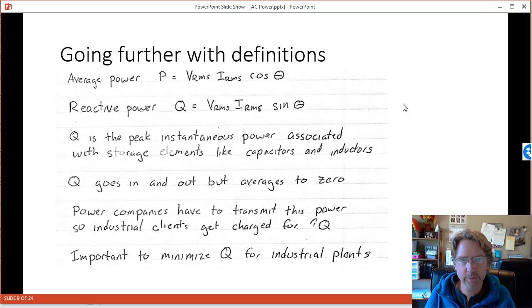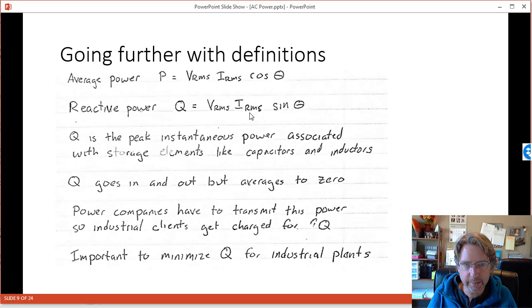All right, so a few more definitions. We've got average power already. We've talked about this: VRMS, IRMS, cosine theta. This is a new definition, reactive power. If you look in our book, it goes through a lot more details. But it's usually called Q, where P is for average, Q is reactive power.